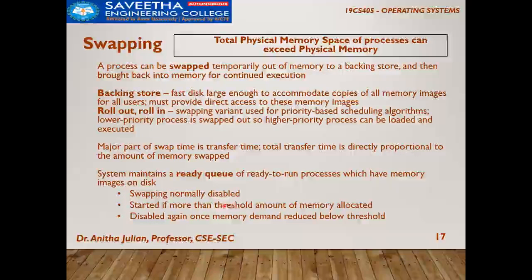Normally swapping is disabled because it is going to take time, but if the application requires, we will go for swapping, and it will be started if more than a threshold memory is allocated. So if the process requires more memory, then we will do this, and it will be disabled once our job is over. Once the process operation is over and it is terminated, we won't do this swapping.